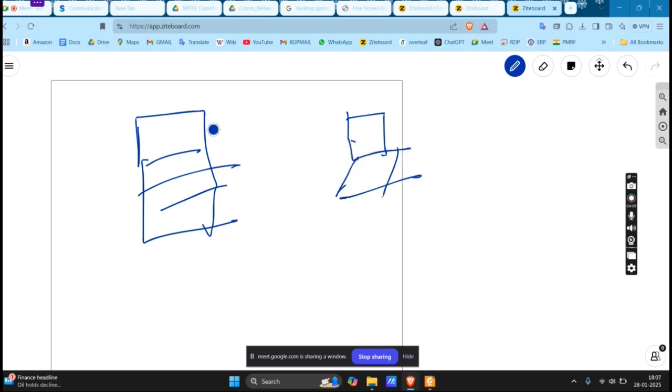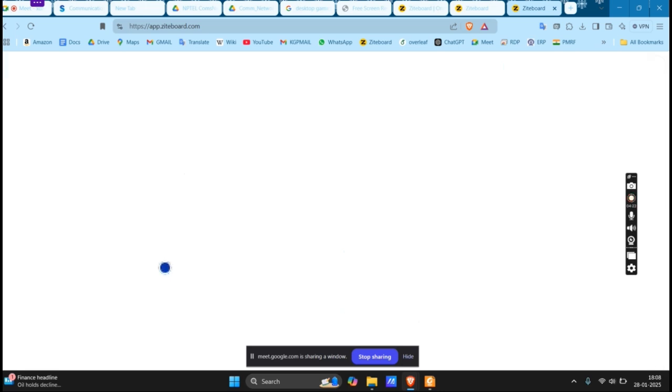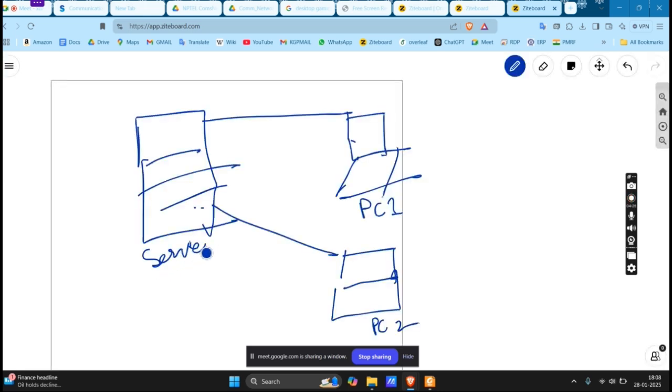There are multiple computers working on this central server, connected to it like this. This is the server, this is PC1, this is PC2, and this is the server. What is this? This is a hub network.